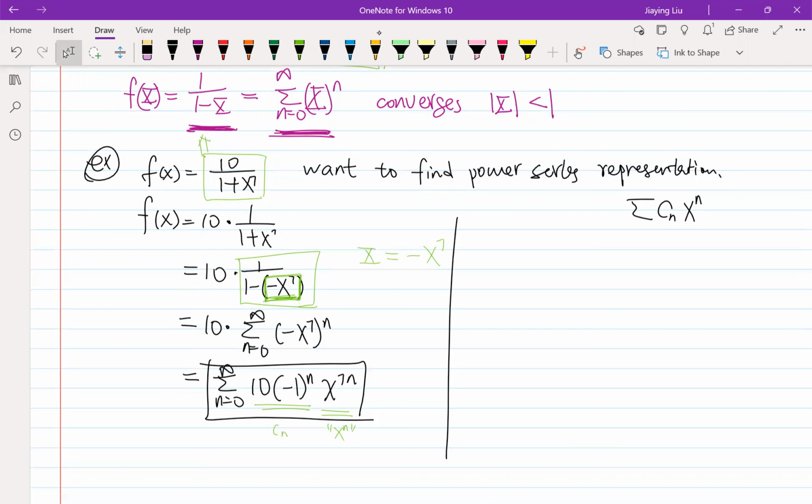For now, if you can take the given function and convert it into the 1 over 1 minus x form, then it's a lot easier to find the power series. If you have any factors or constants that you pull out in the beginning, just bring them back inside later.